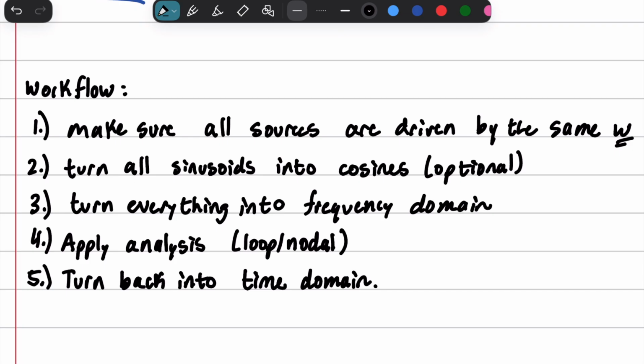Number 2 is turn all sinusoids into cosines. This is a personal preference. Some people like writing it in sines, but if you write it in cosines, it's a lot better because you stick to one convention. The third thing is to turn everything into frequency domain.